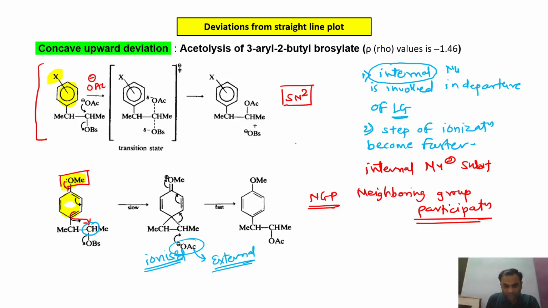Therefore, reactions following the NGP type of mechanism have a faster rate, exceptionally faster, while reactions following the SN2 mechanism have a normal rate.